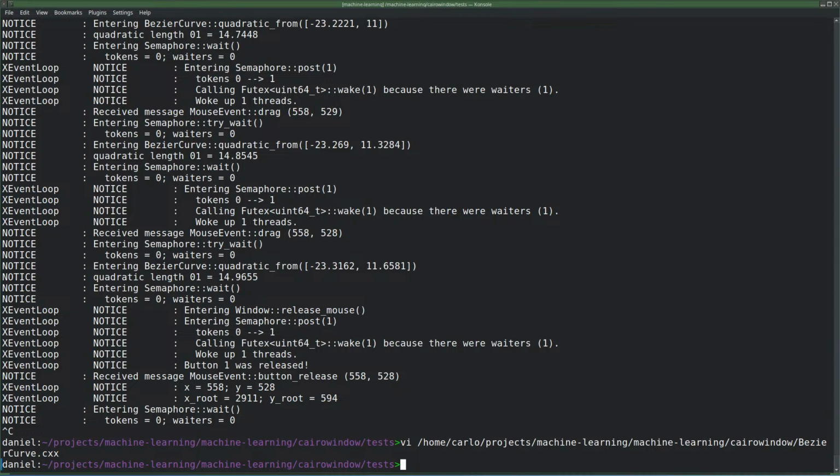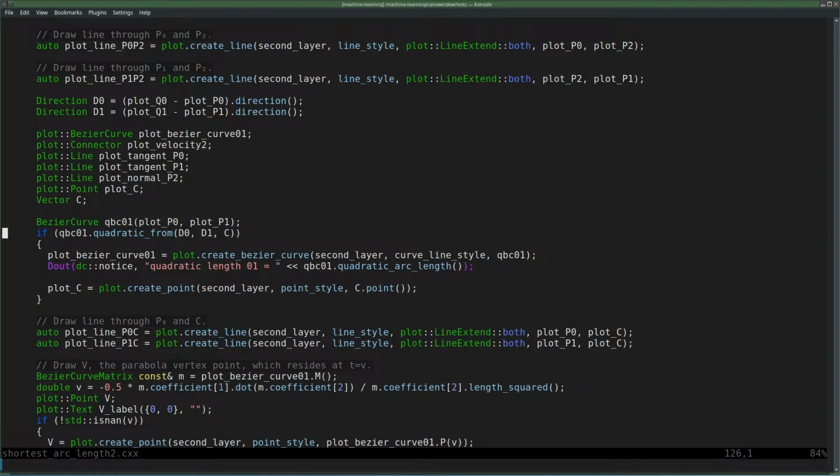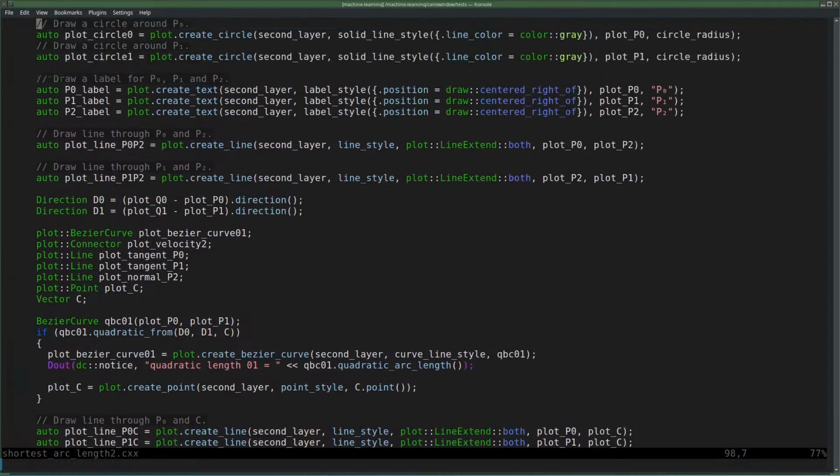Good, good. So, another circle. Another circle, another Q.